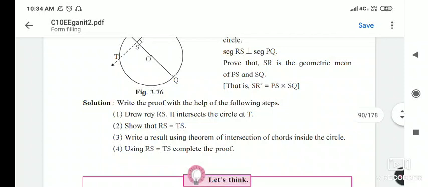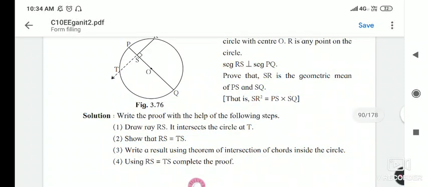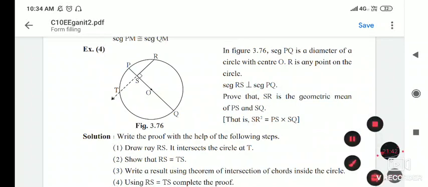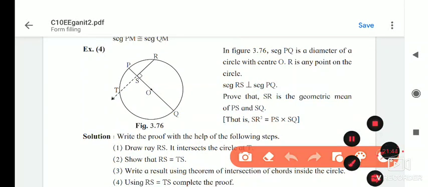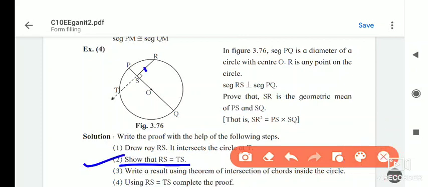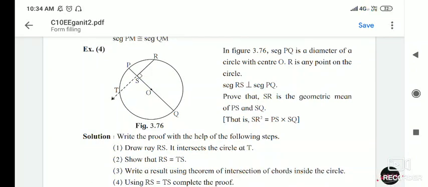If you have doubts, I will explain this question in our next lecture. So it is very easy. The main thing you have to do is show that RS is equal to TS, then you will solve this example very easily. So today we will stop here only.